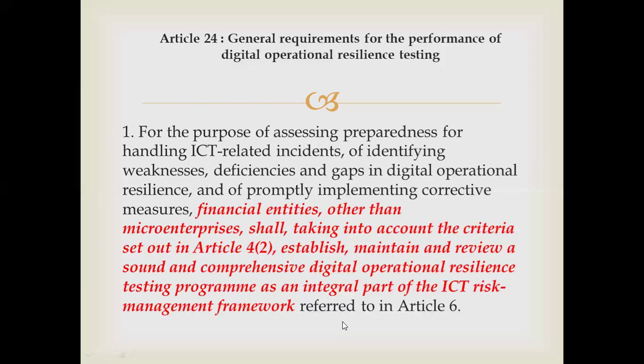For the purpose of assessing preparedness for any ICT-related incidents, of identifying weaknesses, deficiencies, and gaps in digital operational resilience, and of promptly implementing corrective measures, financial entities other than micro-enterprises shall take into account the criteria set out in Article 4, paragraph 2. Remember, that is the proportionality principle. That's Article 4.